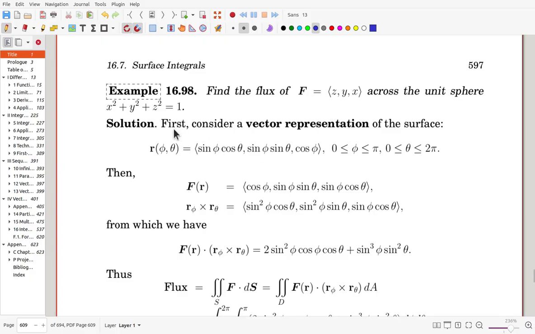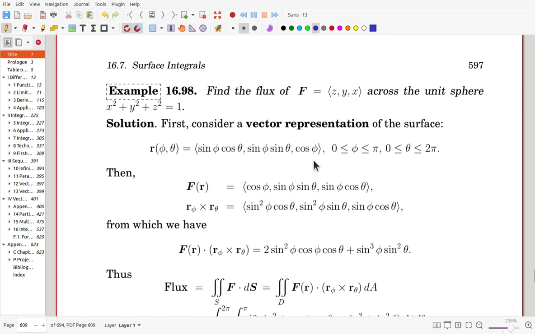We have to find the vector representation of the surface. Because it's a sphere, we may try to use spherical coordinates. This time, rho is 1 because the radius is 1, so that is exactly the spherical coordinates with rho replaced by 1.